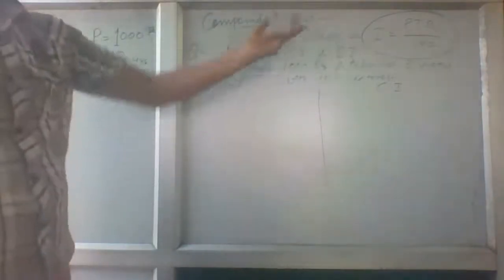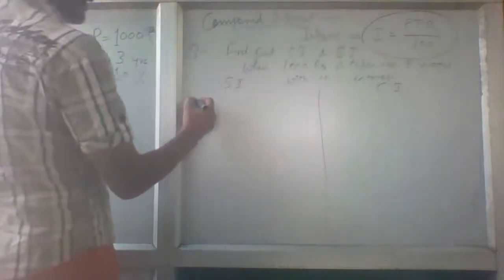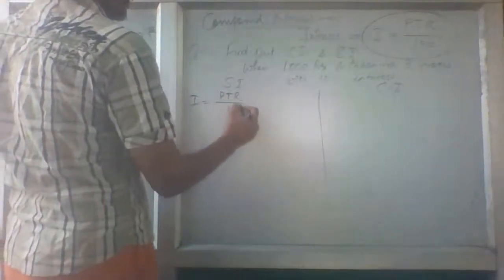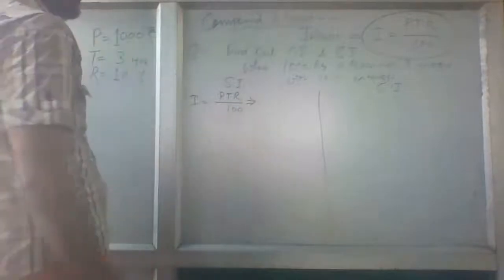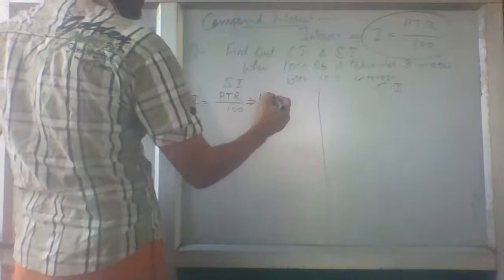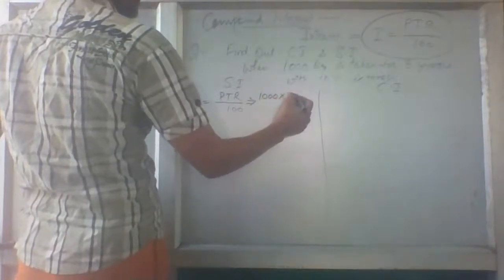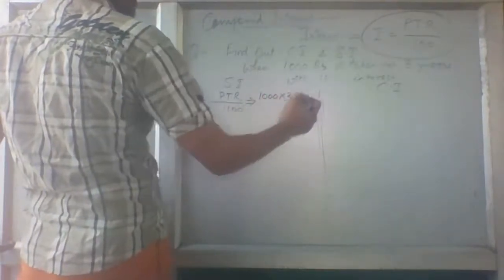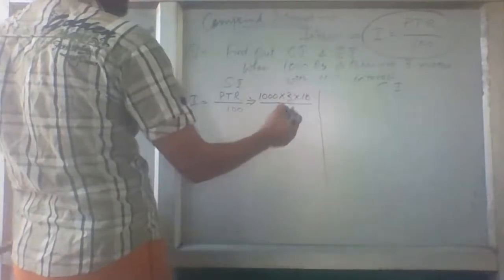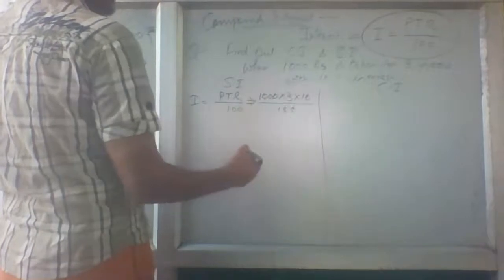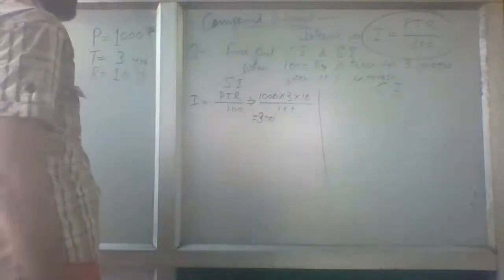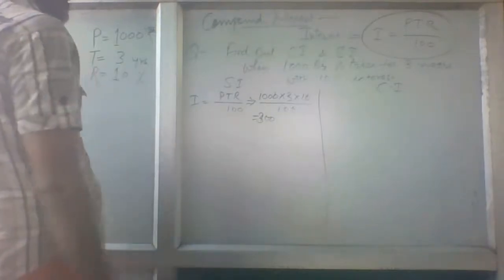Now, for the simple interest, the formula is I is equal to PTR upon 100. I am going to place the values given here. Principal is 1000 rupees, time is 3 years, and rate of interest is 10 by 100, into 3, that is equal to 300 rupees. This is the interest I have got.